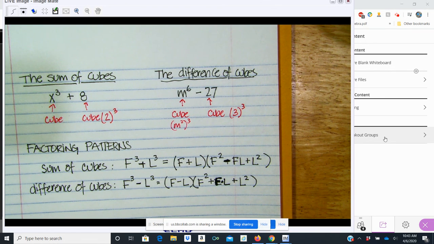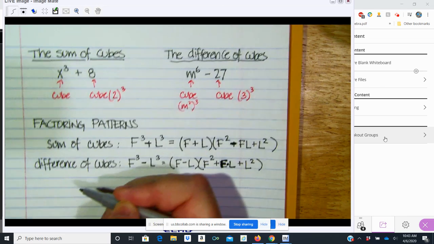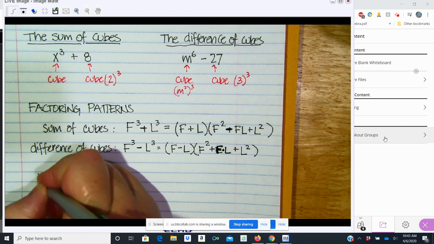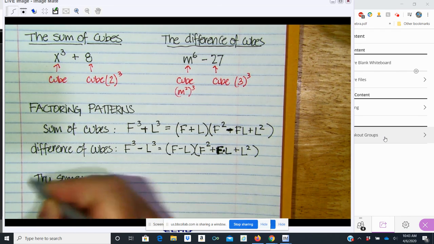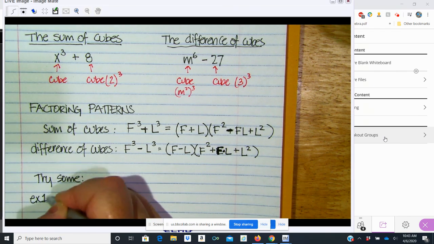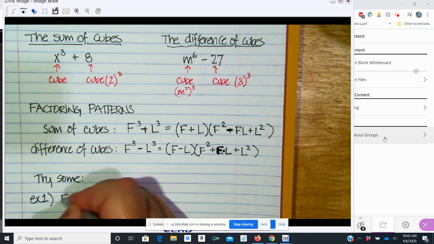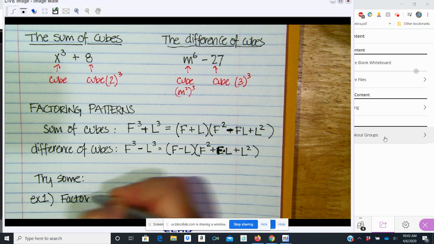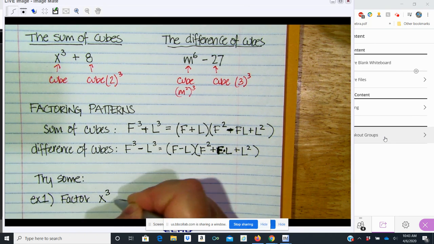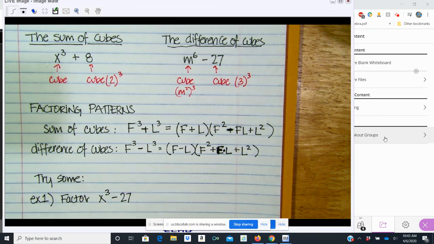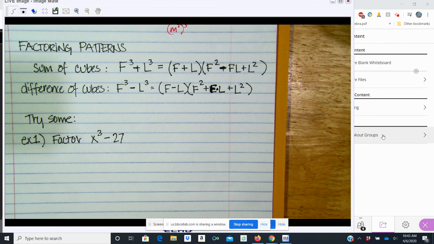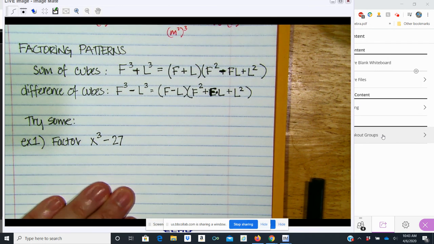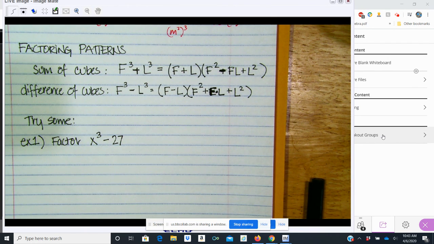Okay, let's try some. All right, here we have x to the third minus 27.